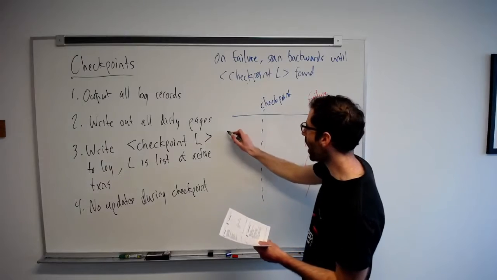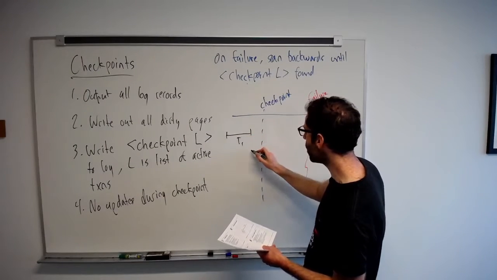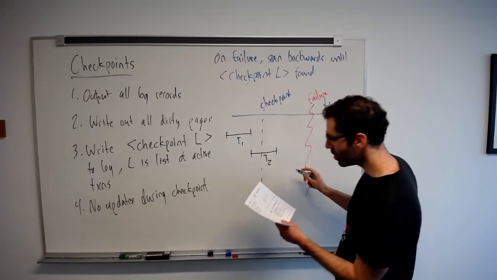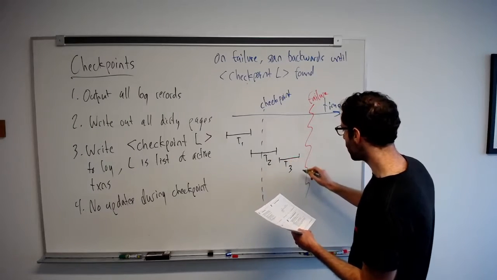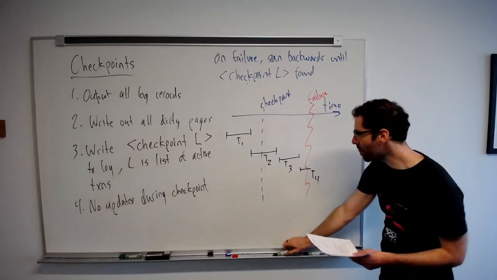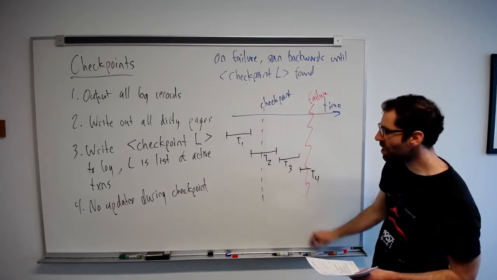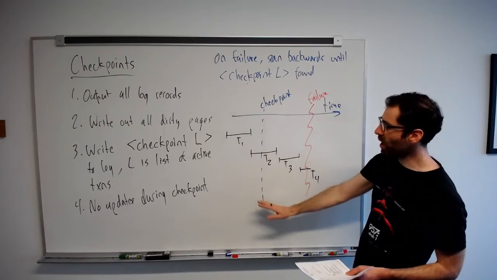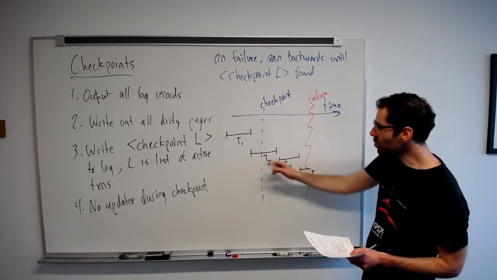And if we're looking at the duration of some transactions, maybe T1, T2, T3, and T4, we can see that T1 we don't have to care about. It finished before we got to our checkpoint. We know everything's on disk. It's all good.